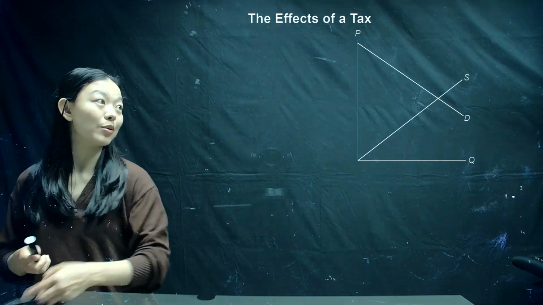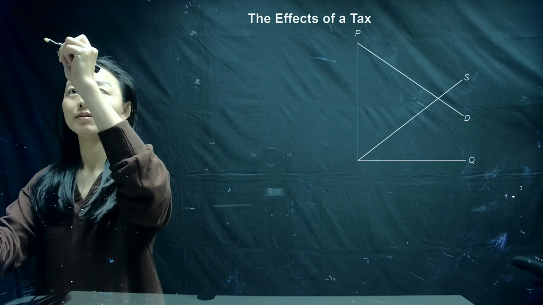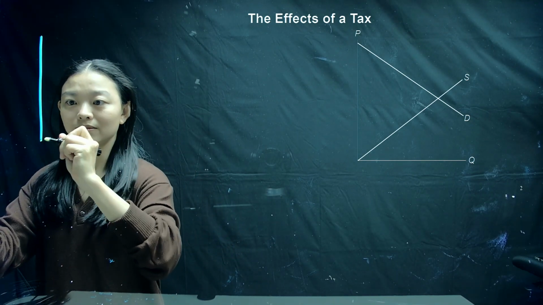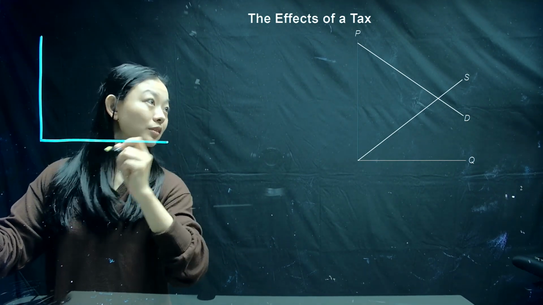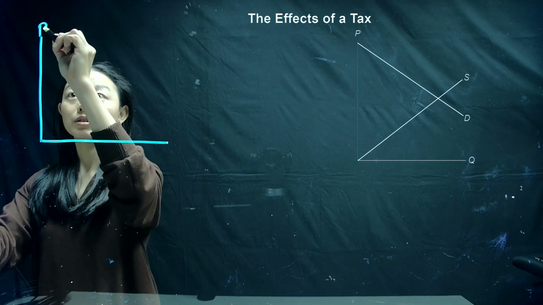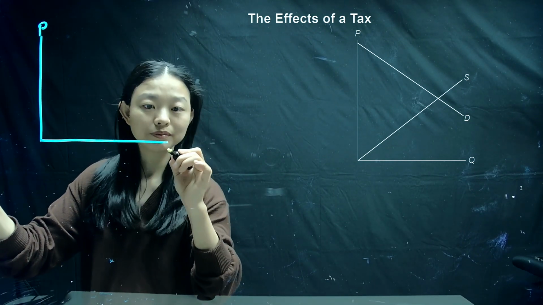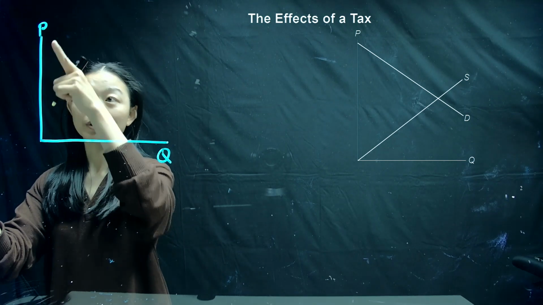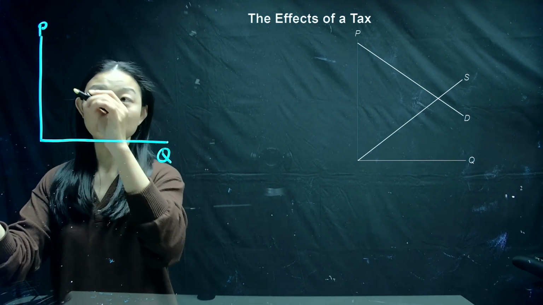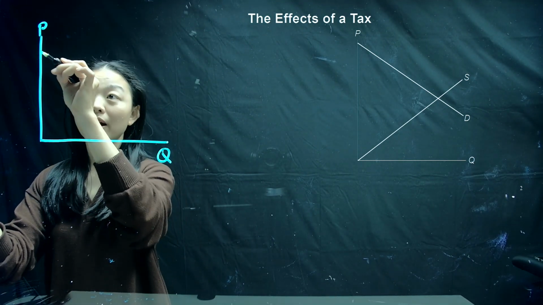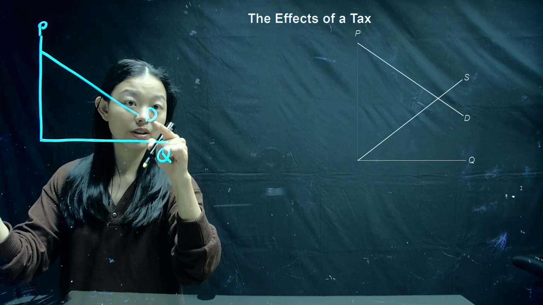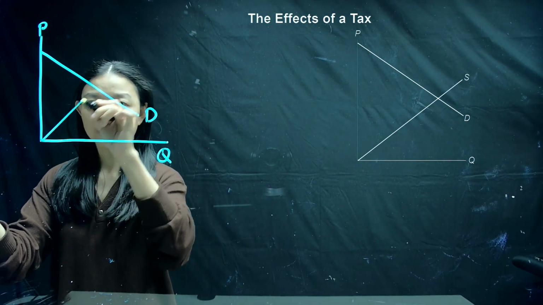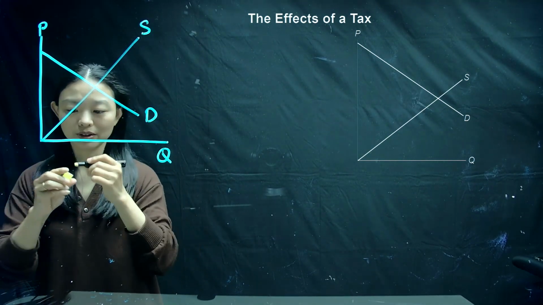Okay, so here I would like to draw a graph. We have the price on the vertical axis and the quantity on the horizontal axis. Okay, and then this is the demand curve. I put D here, and this is the supply curve.